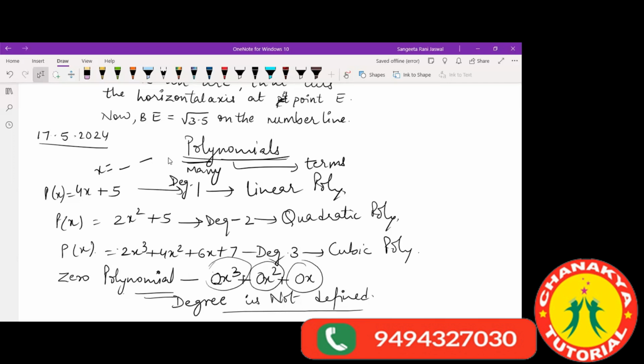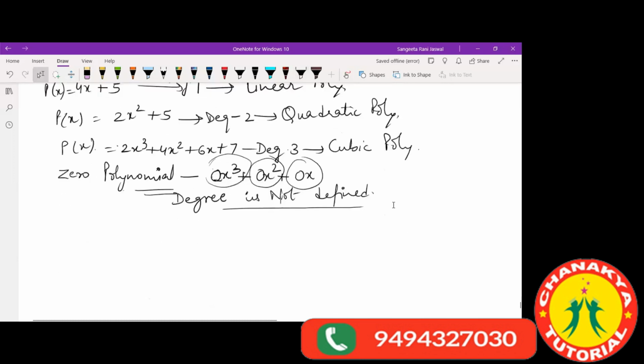Yukta, are you there? Yes, ma'am, I'm here. Have you understood this? What is zero polynomial? Degree of zero polynomial? Yes, ma'am. Yes, so the degree of zero polynomial is not defined, because when the coefficients of the x variables are 0, the whole term becomes 0.